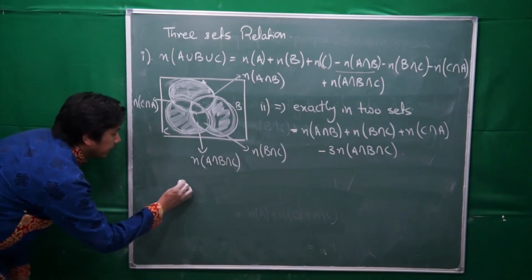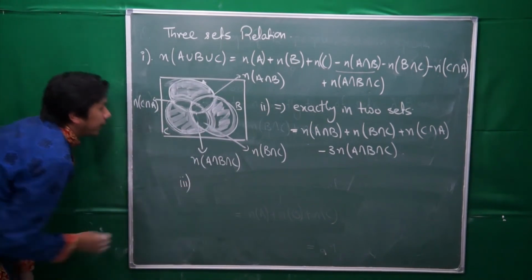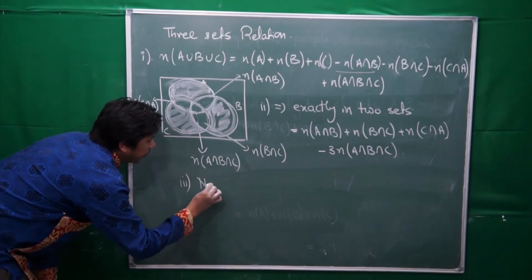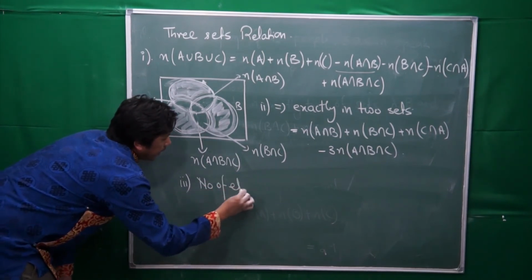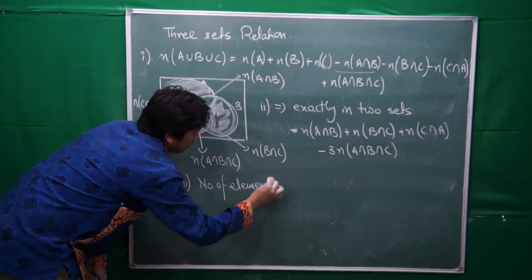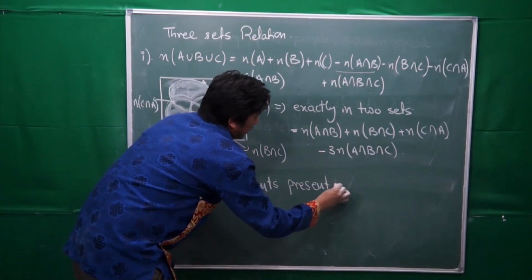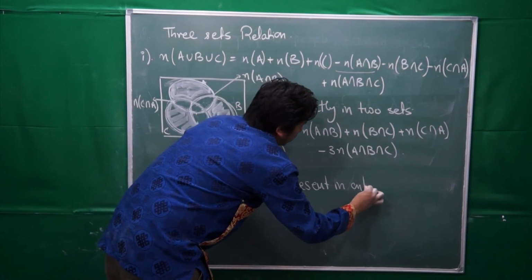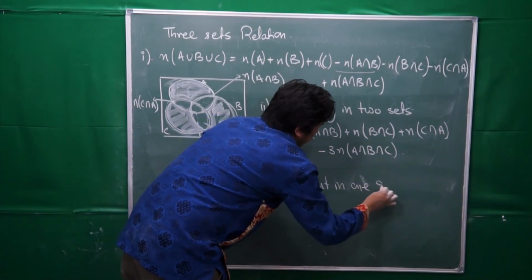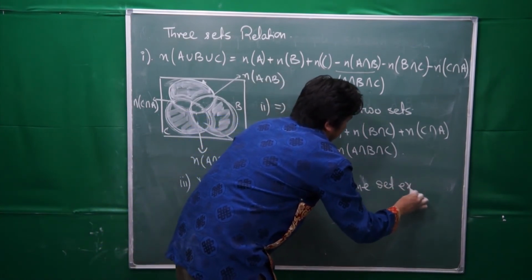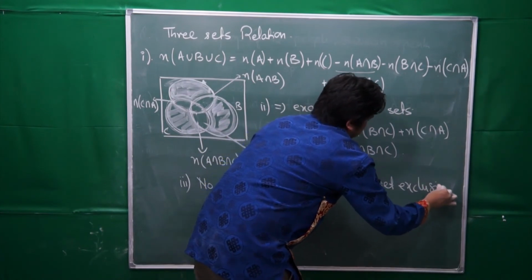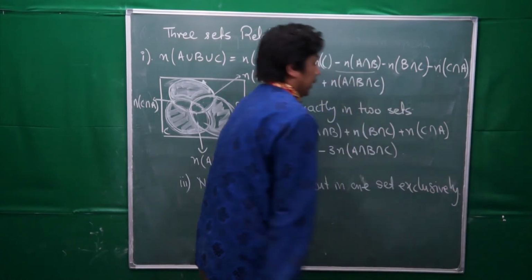Now for the third relation, we need to find the number of elements present in one set exclusively. Okay.